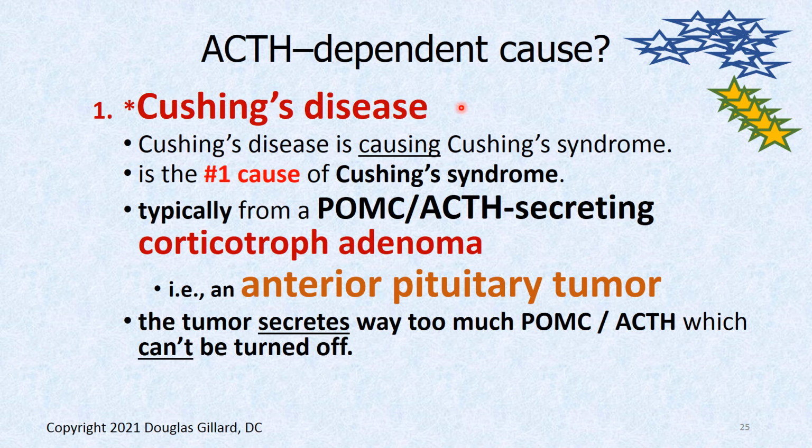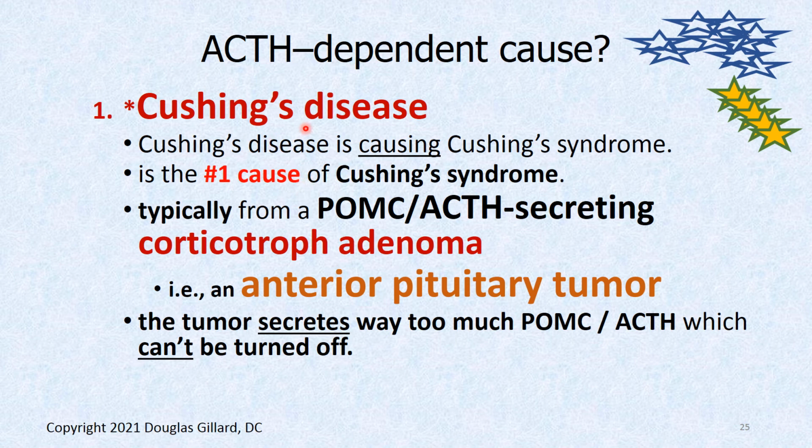So the number one cause of ACTH-dependent Cushing syndrome and the number one cause of Cushing syndrome, just period, is this, aside from iatrogenic, man-made overuse of corticosteroids.